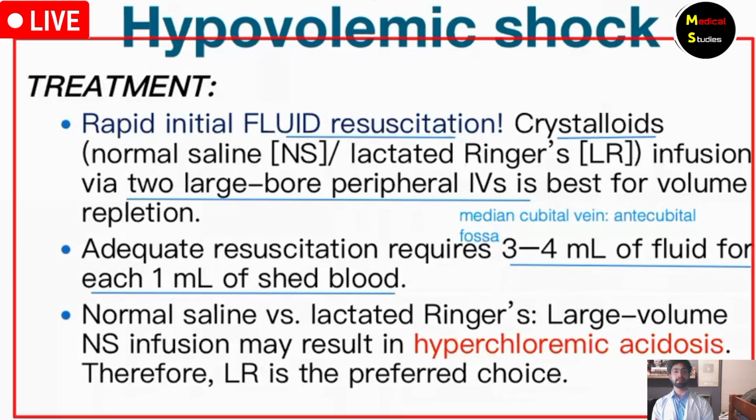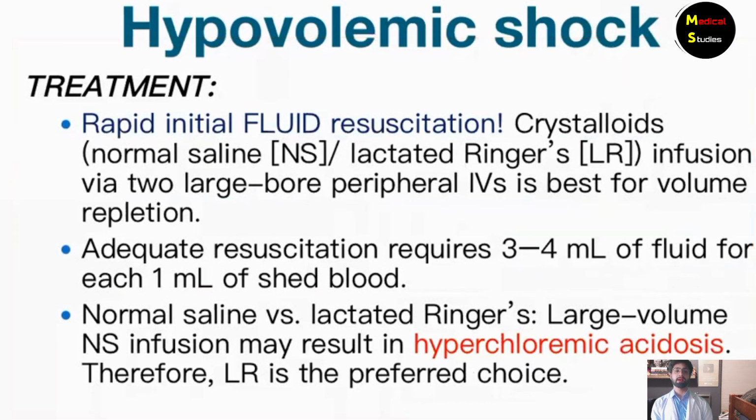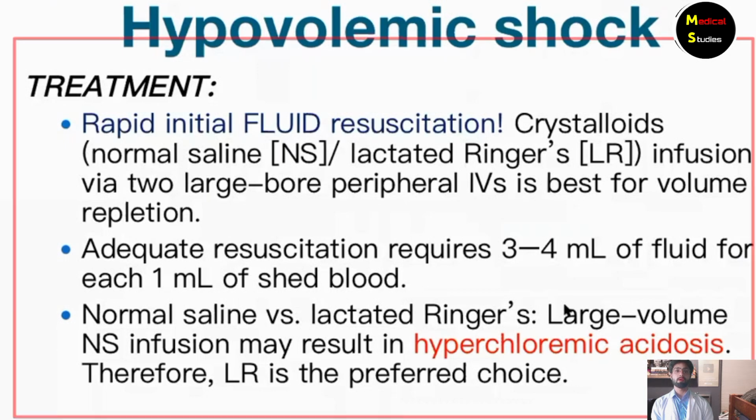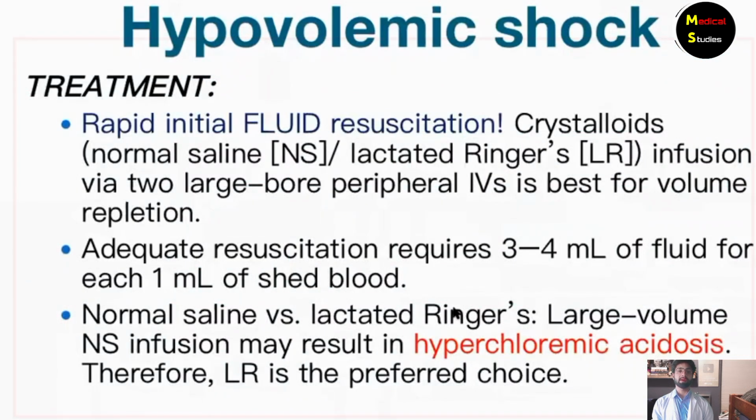Now let's talk about something more. After those important crystalloids, in the beginning we can easily use normal saline, no doubt about it. But if a large volume of normal saline is given, the person may suffer from hyperchloremic acidosis. Got it? Now what do you mean by hyperchloremia? Anyone knows about it?